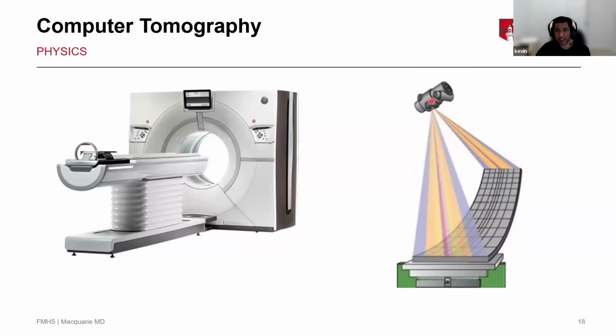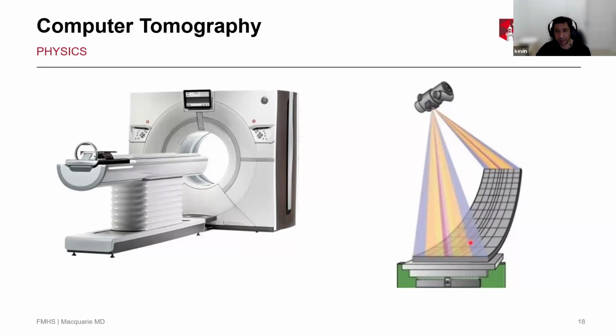The X-rays are in a fan, and so they irradiate this whole area, and this is broken up into multiple layers of detectors. They're now in multiples of 64. When I started, you used to get 4 slices, 16 slices. Now pretty much all of them are 64, 128, or 256.